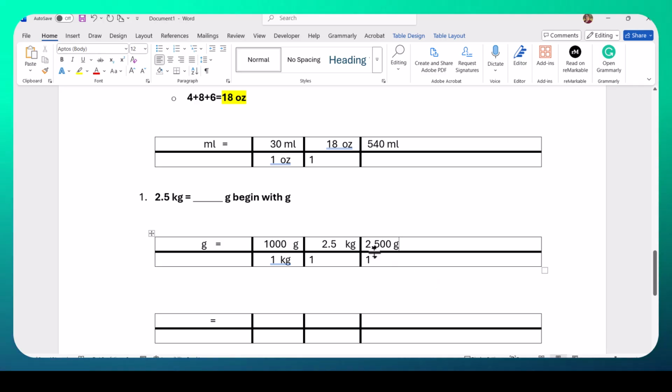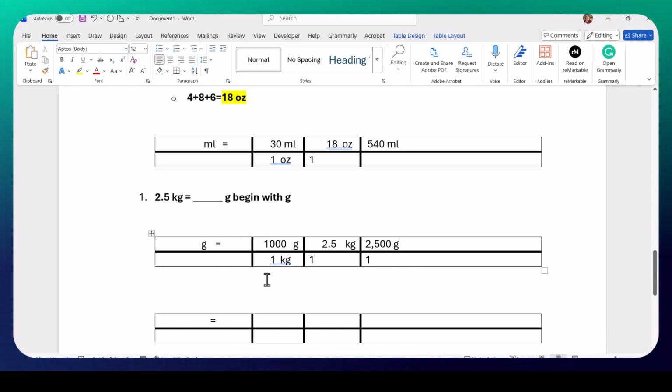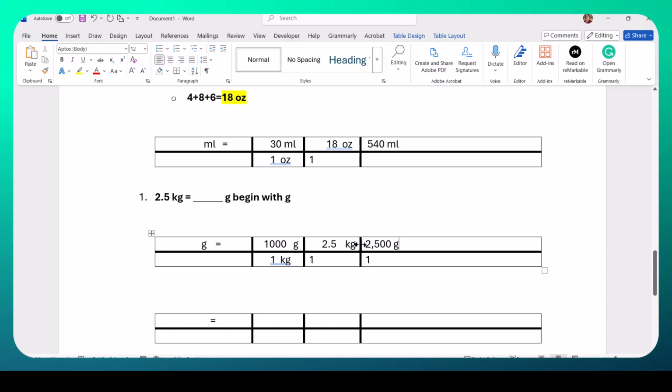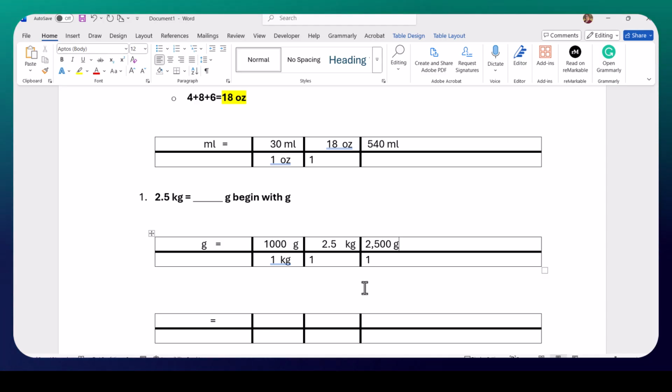This is the key. Setting up this very beginning of your problem makes it so that you can continue on because you can only cross-cancel units of measures. That's the beauty of dimensional analysis, and it will set you up for absolute success.